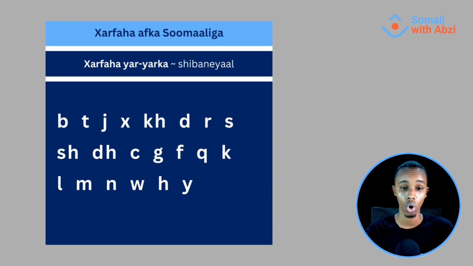Now we learned all the Somali 21 consonants, whether they are small letters, xarfaha yaryarka, or they are capital letters, xarfaha waaweynka. Now let's repeat all at once.